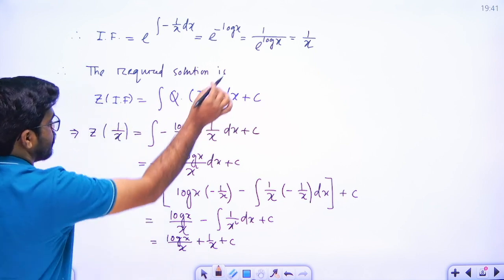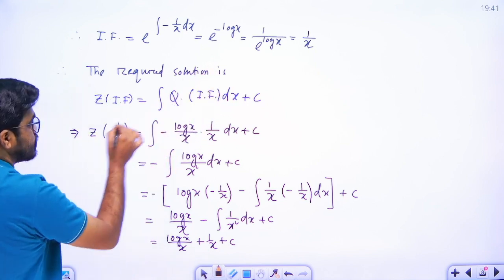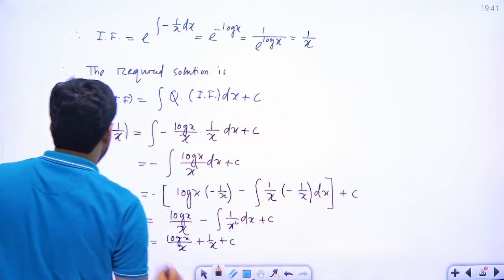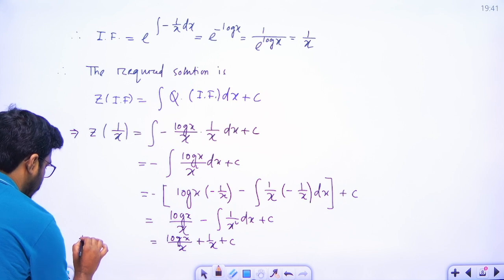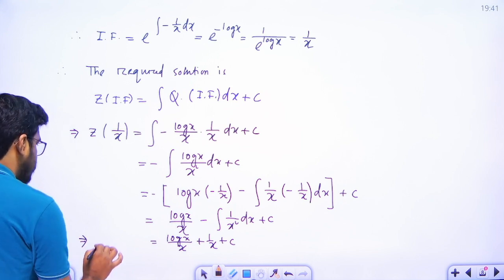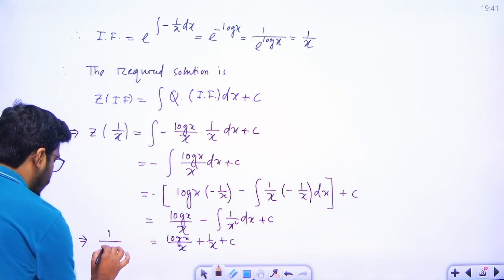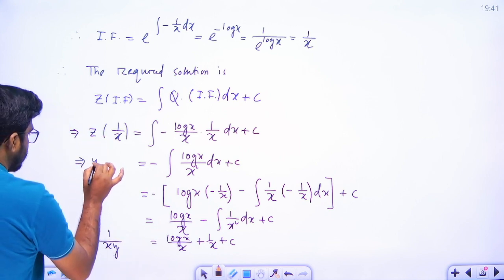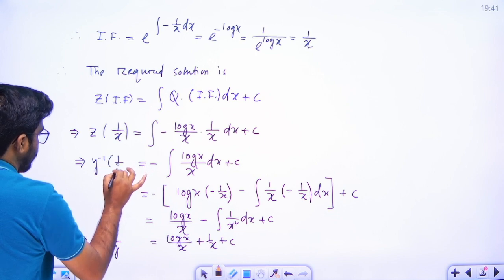What is z? Sorry, z is y to the power minus 1, so just put z equal to y to the power minus 1, that means 1 by xy. Z is y to the power minus 1 into 1 by x.